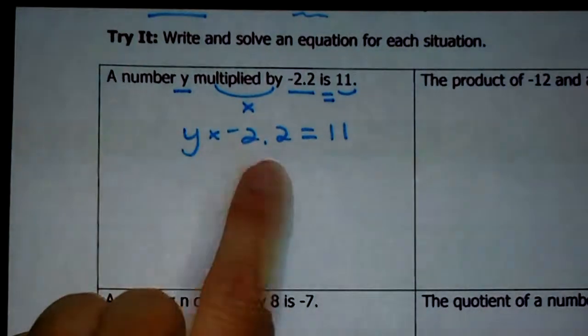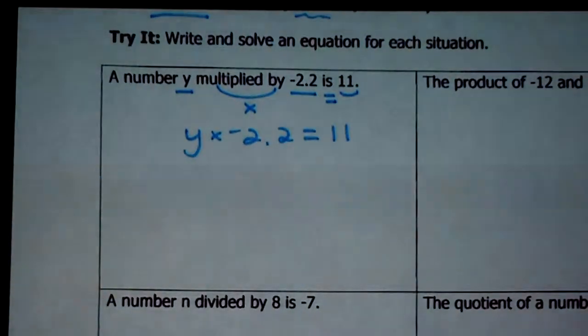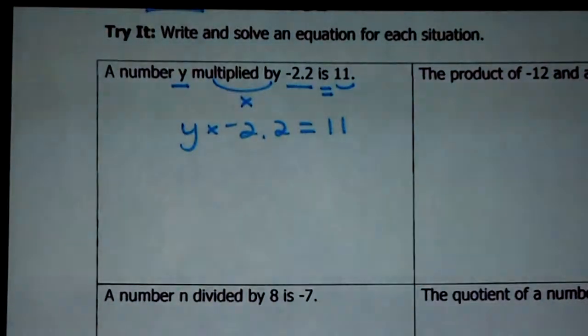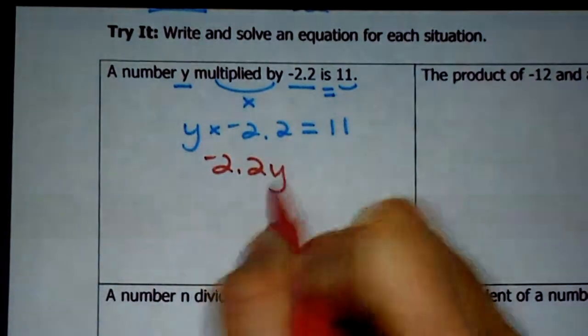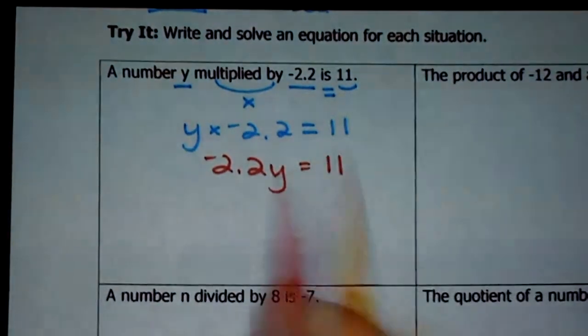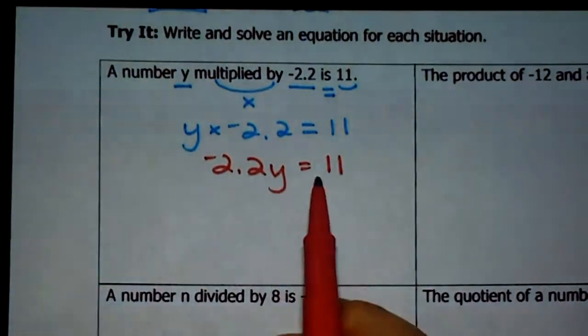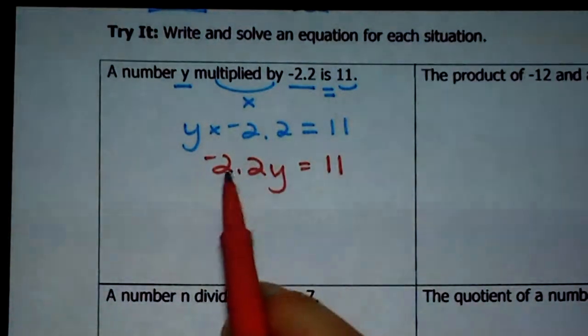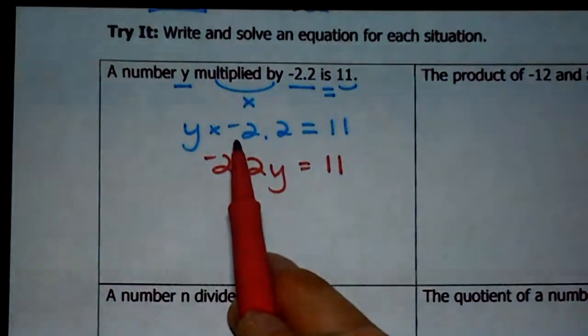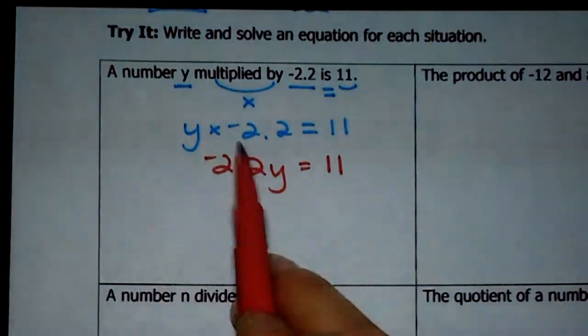When you multiply numbers and letters, don't you always see the coefficient first? So even though it says y multiplied by negative 2.2, I would still like you to write it like this. Negative 2.2y equals 11. That means the same thing as this, but in algebra, the number always gets to go first, and we express multiplication between numbers and letters like that.